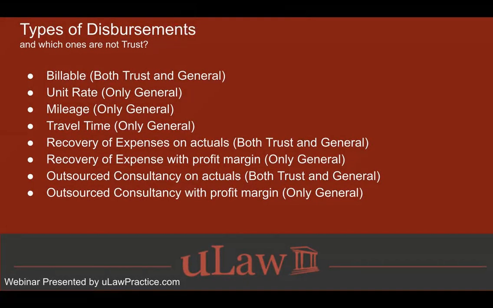And then any outsourced consultancies on actuals again, both trust and general can be used. Outsourced consultancy with profit margin, only general. Very simple to understand. Anything involved with profit margin goes from your general account.